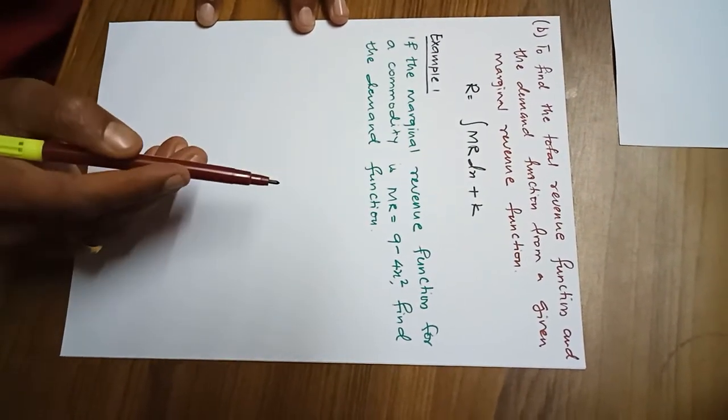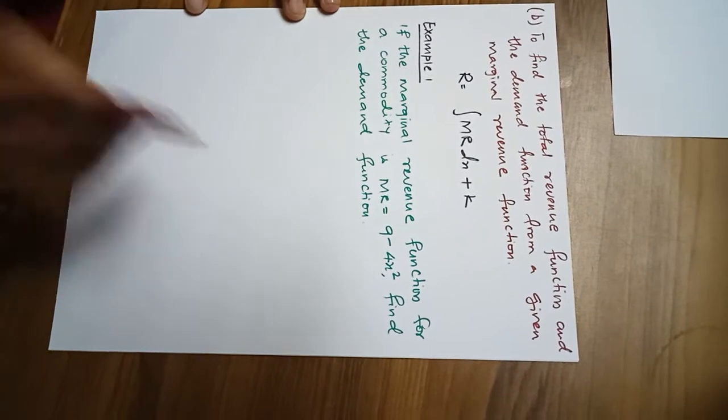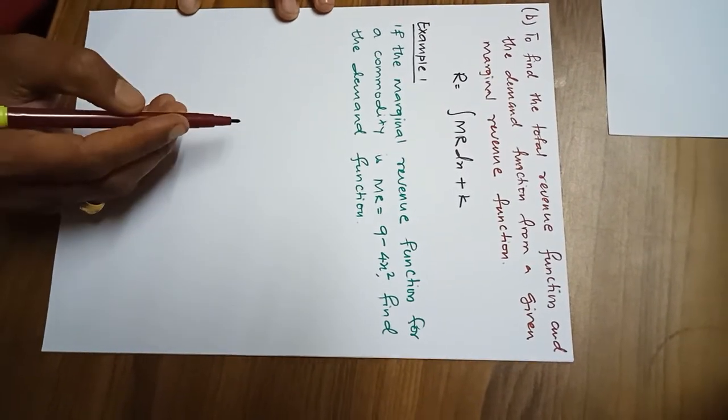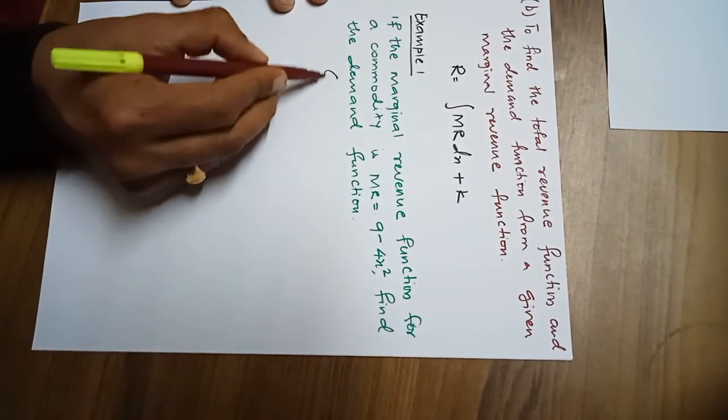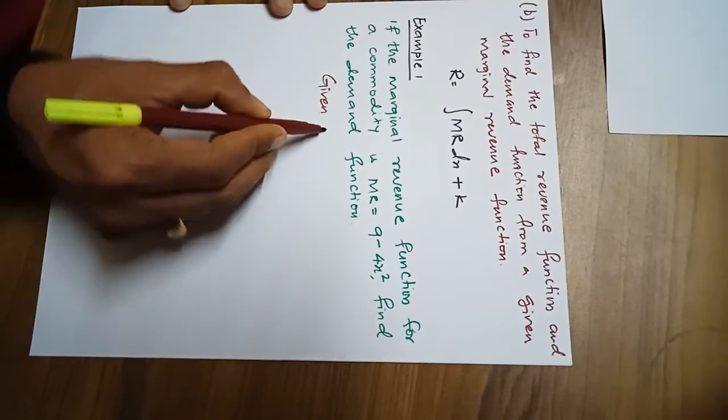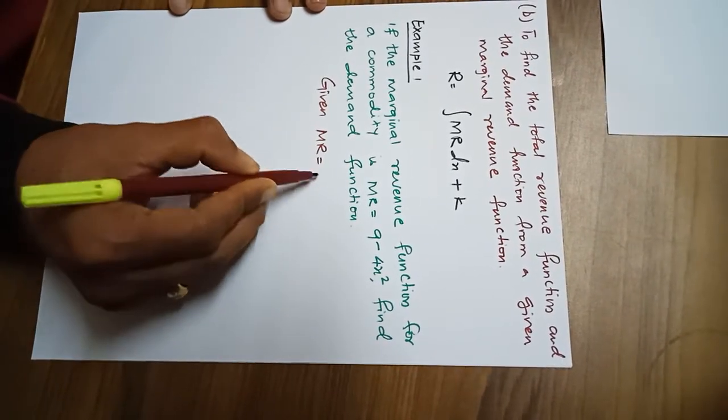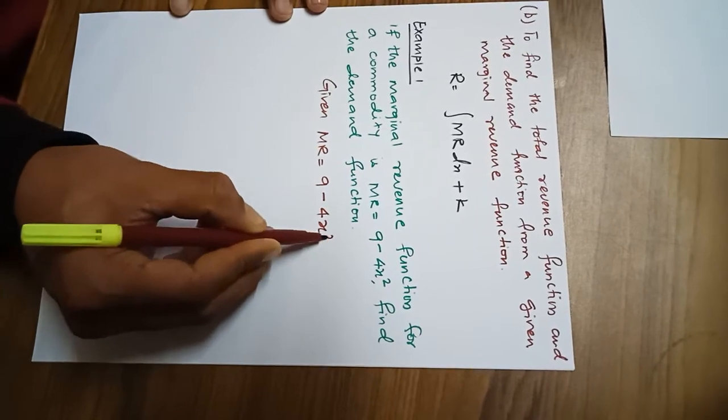To find the demand, you need to know what R is. So the first thing is you need to find the revenue function. MR is equal to 9 minus 4x squared.